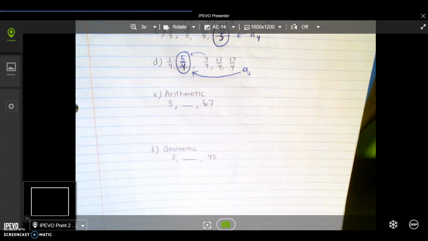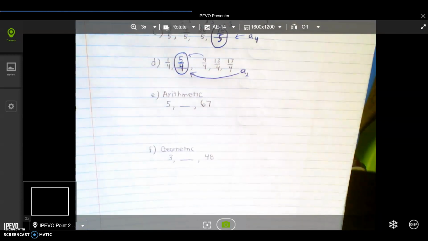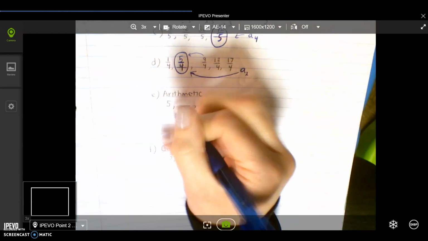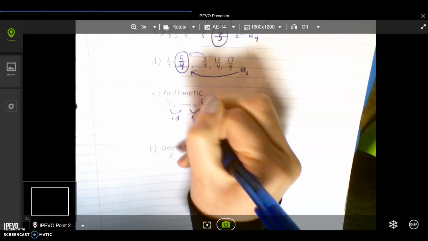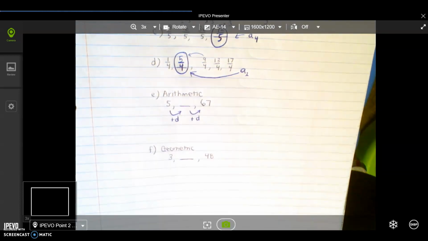Now I have a missing term where I can't figure out the pattern because I don't have extra terms after or before. But I know it's arithmetic. Because I know it's arithmetic, then I also know that I'm going to be adding some common difference twice to get from the first all the way to the third term.